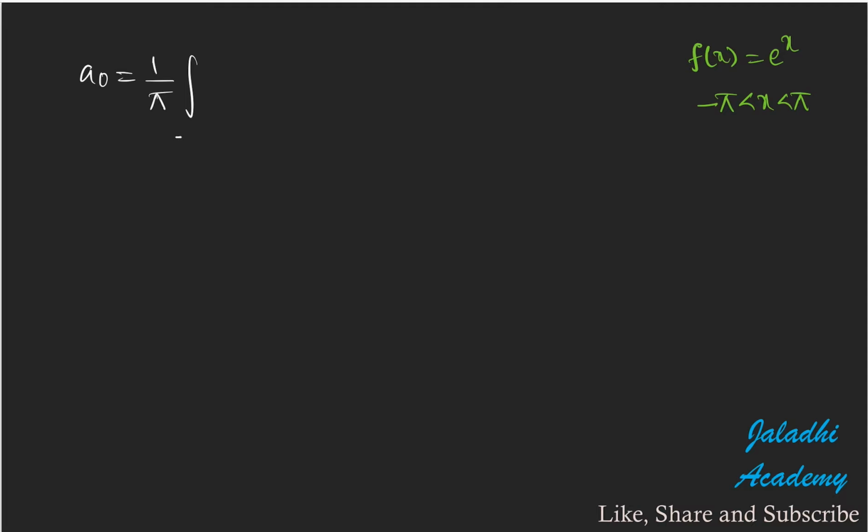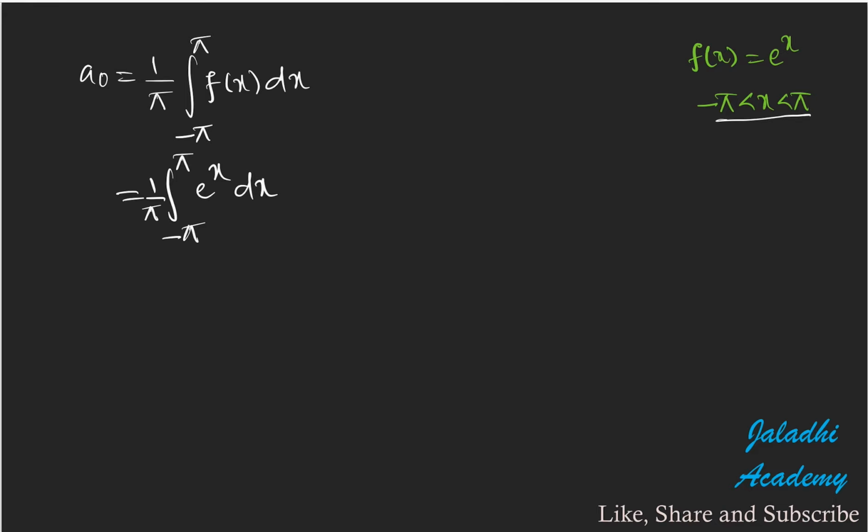So the integral becomes from minus pi to pi of f of x into dx, which equals 1 by pi, integration from minus pi to pi, e power x into dx.